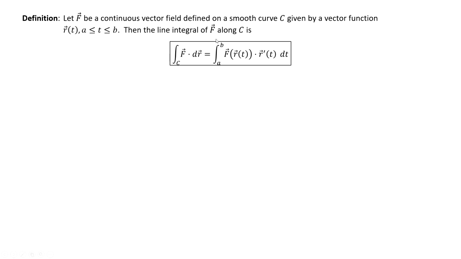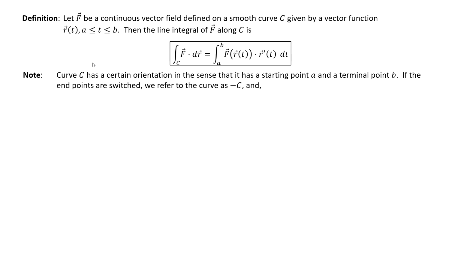So this is another very interesting one. So here we are talking about integrating a vector field over a curve. Cool. And this is the way to do it. Note, one more thing. A slightly different concept here. Curve C has a certain orientation. What do we mean by that? In the sense that it has a starting point A and a terminal point B. Right?